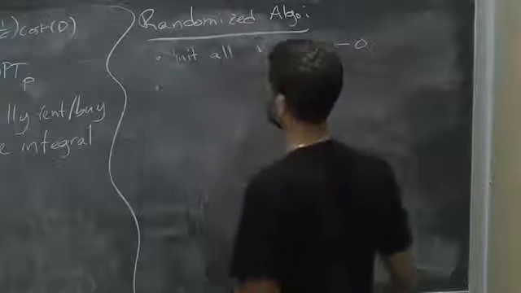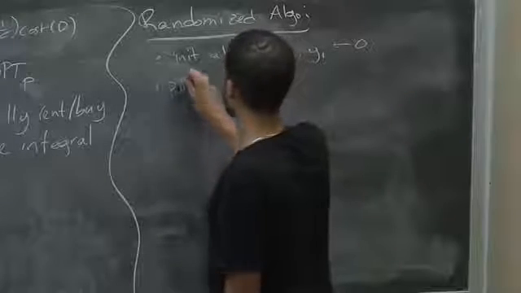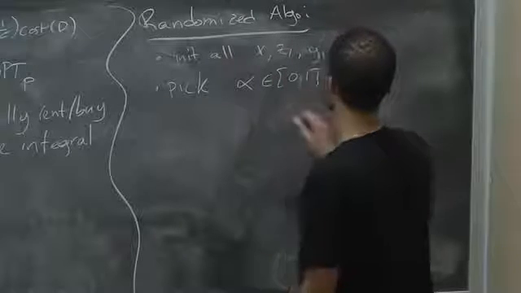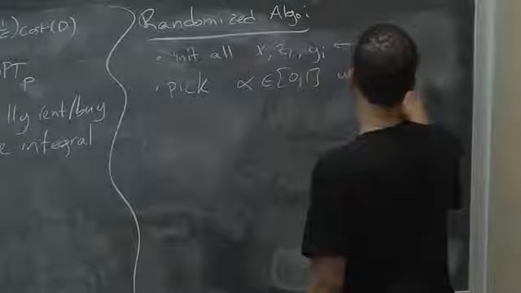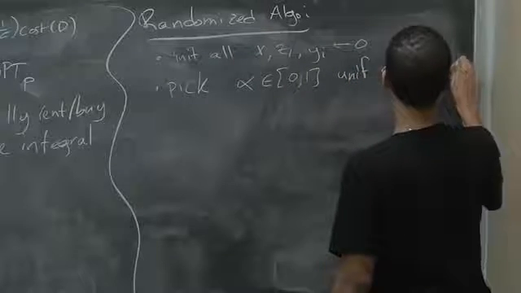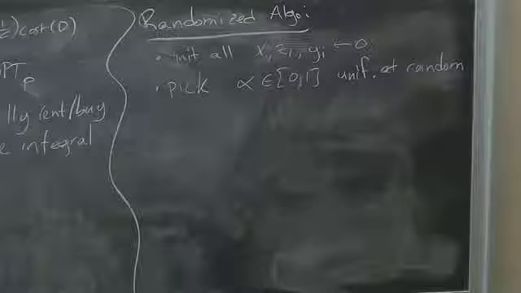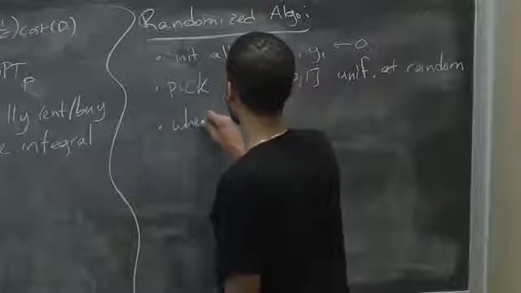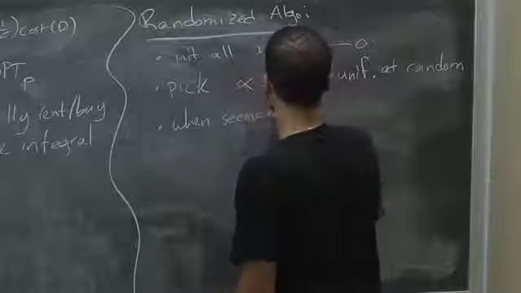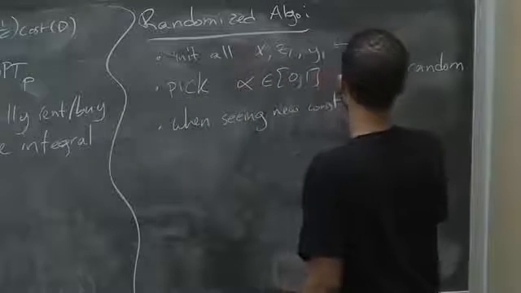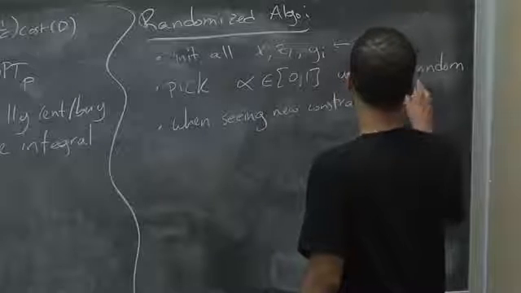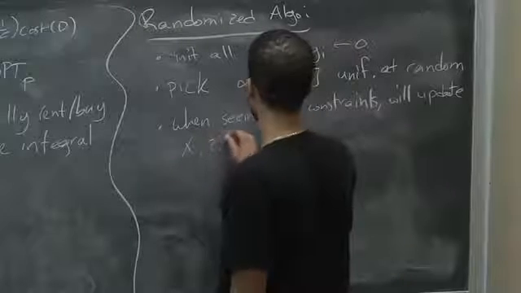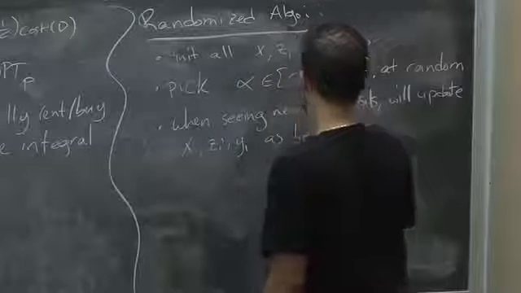But it's also going to pick at the very beginning a random number alpha uniformly at random. And when seeing new constraints, we will update the x and zi and yi as before, fractionally.